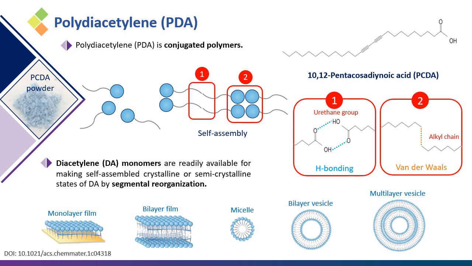For the basics, the polydiacetylene monomers were defined as rarely available for making the self-assembly crystalline and semi-crystalline states of the polydiacetylene monomers by the segmental reorganizations. With the polydiacetylene for the time temperature indicator applications, the polydiacetylene is prepared by polymerizing diacetylene as a packing alignment generated under the UV light.